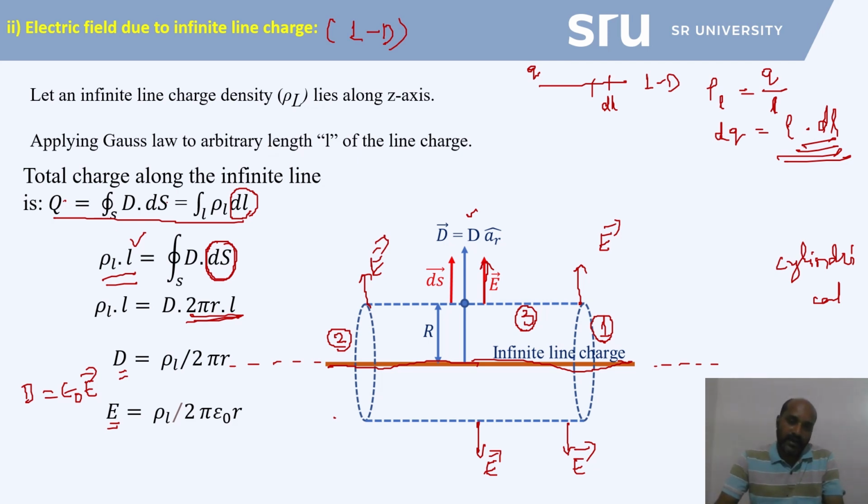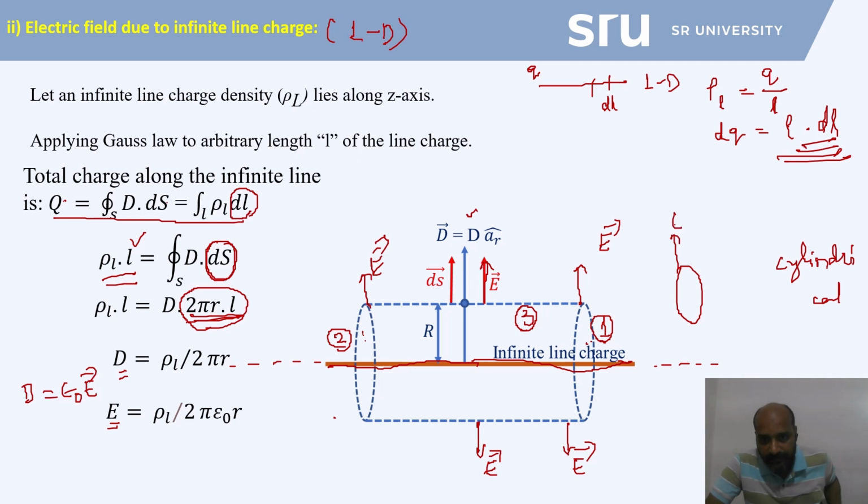But we calculated the electric field intensity only due to the cylindrical surface. What about the circular surface? What is the flux through the circular surface? We didn't calculate it. We ignored that because if you see the circular surface, this is the direction of electric field and this is the direction of surface dS.